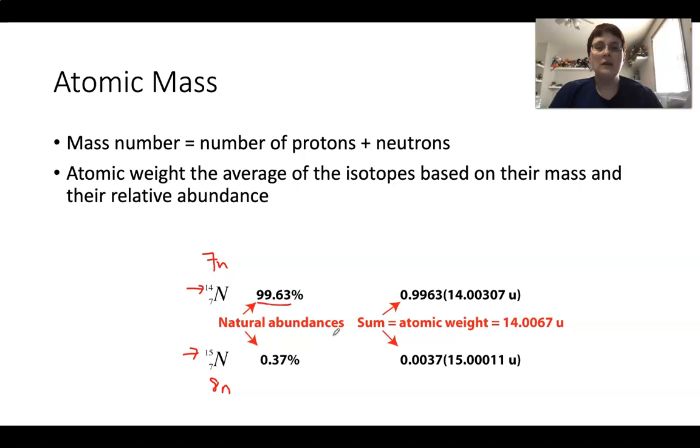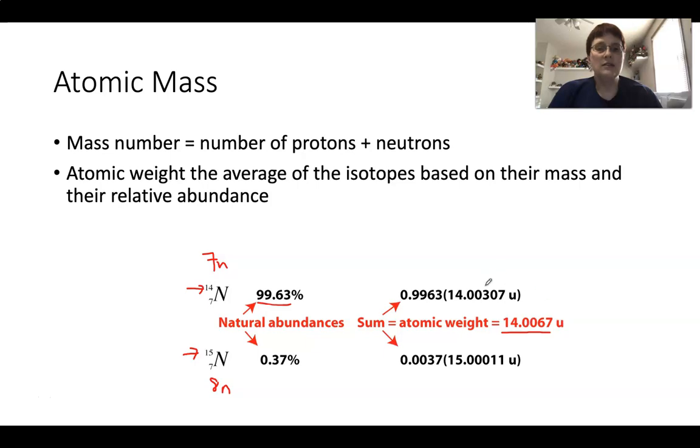I'm not going to ask you to do these calculations, but just so you can see how it works, they take the amounts, so you can see N15 has that higher atomic weight, multiply it by its percentage in abundance, same for N14, and when you add them together, that gives you the atomic weight, which is 14.0067.